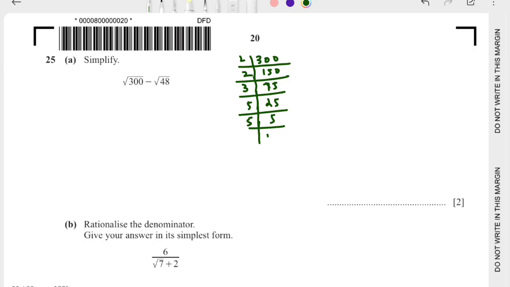Now the prime factors of 48 are, start with the table of 2. 2 2s are 4, 2 4s are 8, 2 times 12, 2 times 6 is 12, and 2 times 3 is 6, and 3 1s are 3.